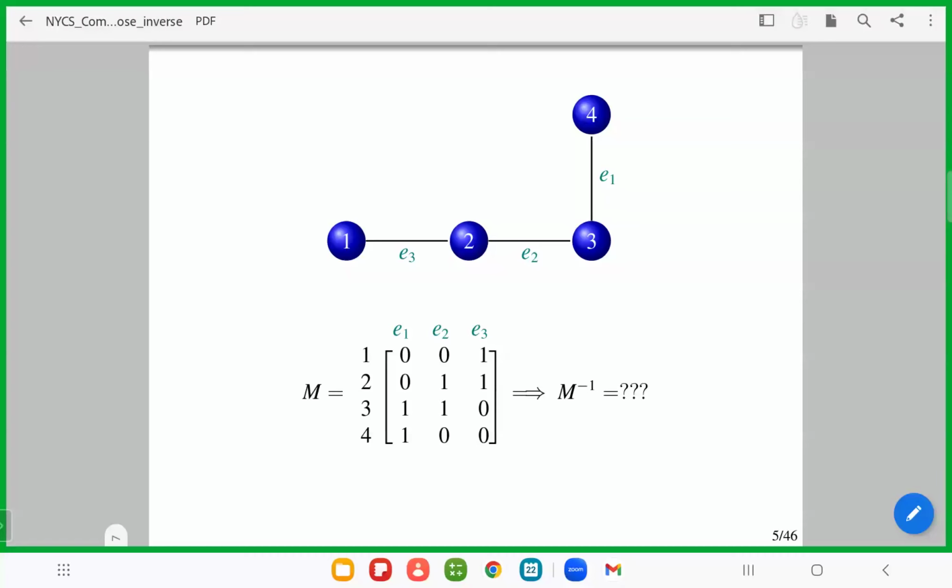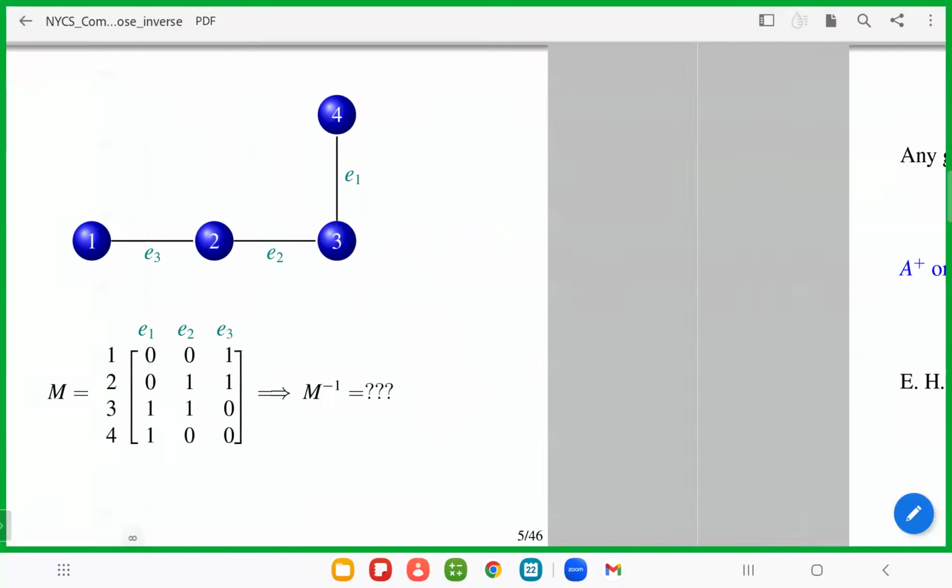Now, if you find the inverse of this, what would the entries of M inverse say about the graph? Probably you notice that the matrix is not square. Probably you're thinking I'm high. Not quite.